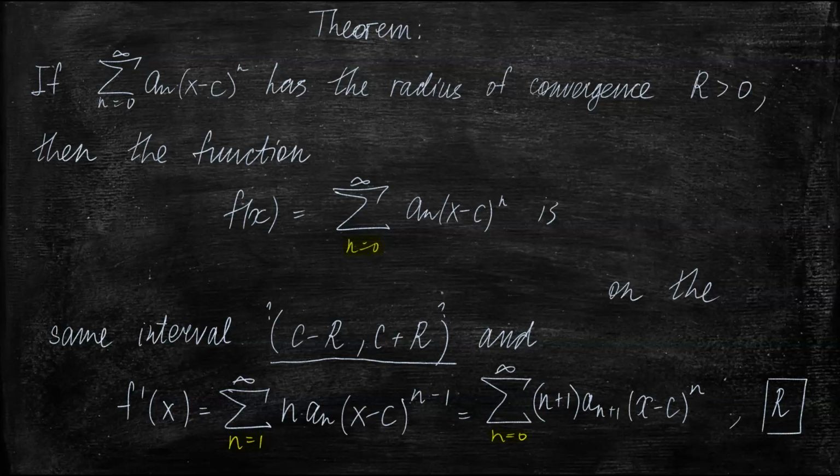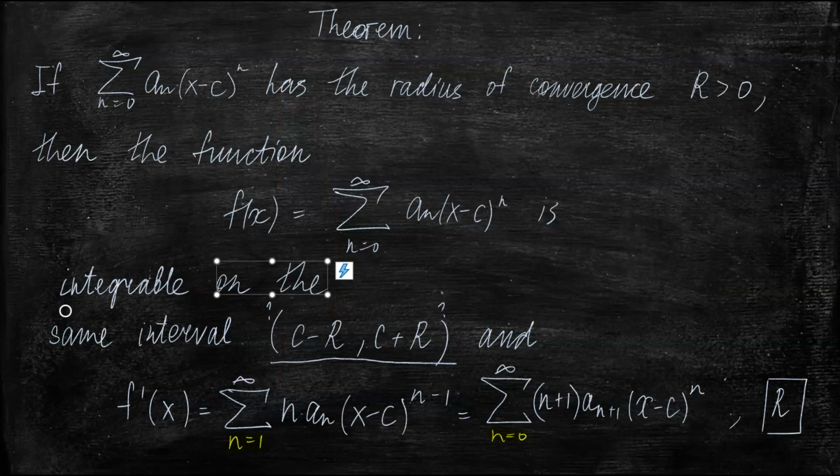So again, we're going to start with a given series with a given radius of convergence, and we're going to assume that the series converges to some function, and the statement of the theorem guarantees that this function will be integrable. Before it was differentiable, and now it will be integrable, and all of this will be happening on the same interval.